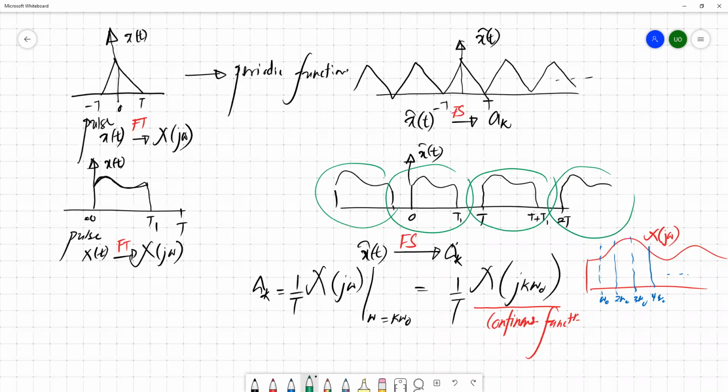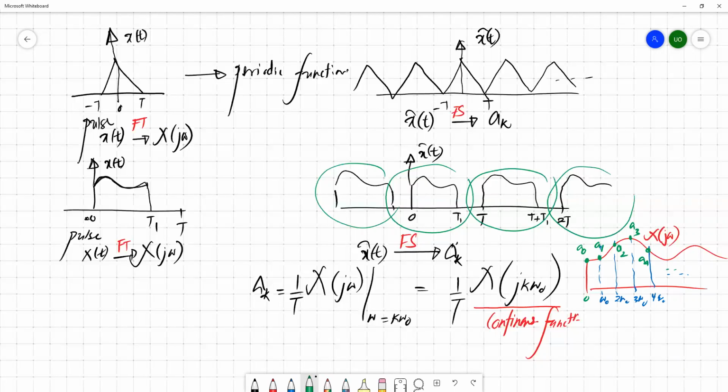So this is ω0, this is the first, this is A0, this is A1, this is A2, this is A3, this is A4, and so on.